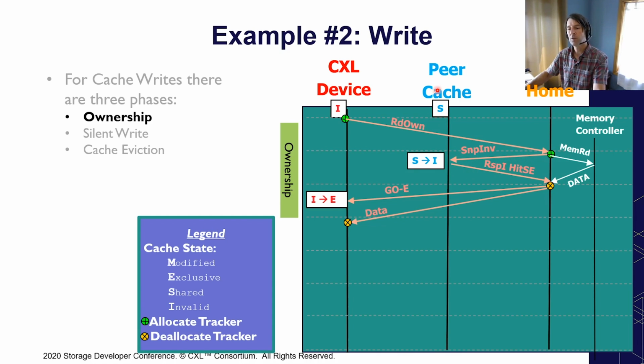In this case, we're showing one peer cache that's in S state, so we send the snoop inval. Snoop inval causes that peer cache to downgrade its cache state from shared to invalid, sending response I-hit-SE back to the home. Once the home has the snoop responses and the data, it again sends, in this case, a Go-E message telling the device it's allowed to go to exclusive state and returning data to that device.